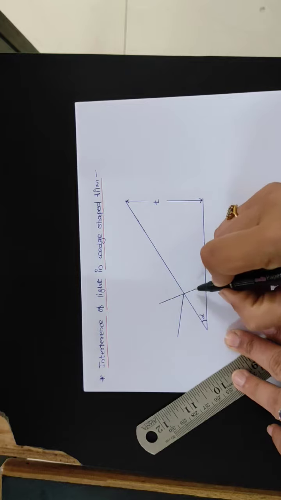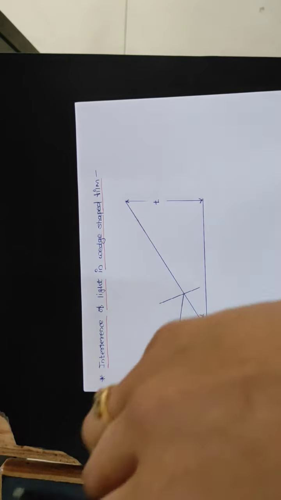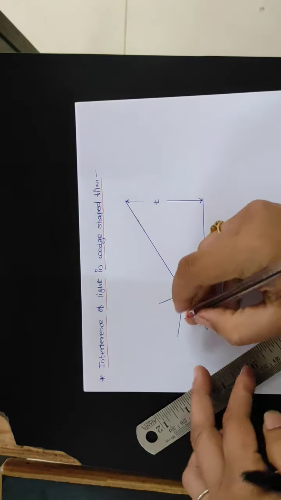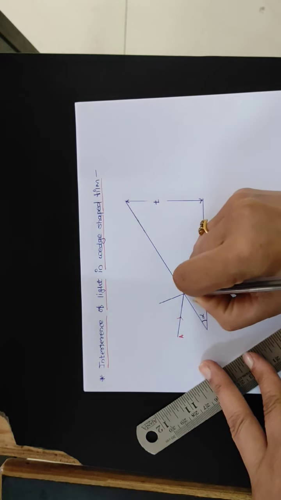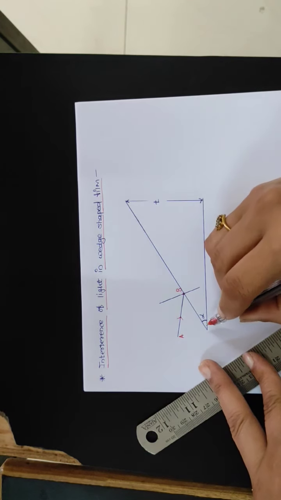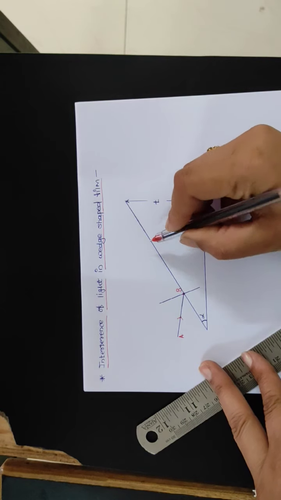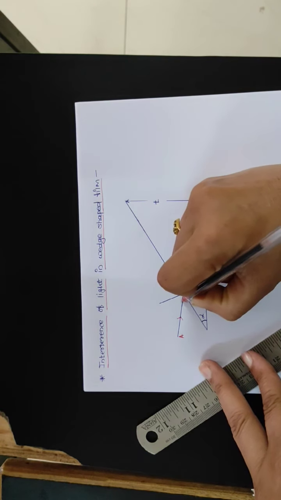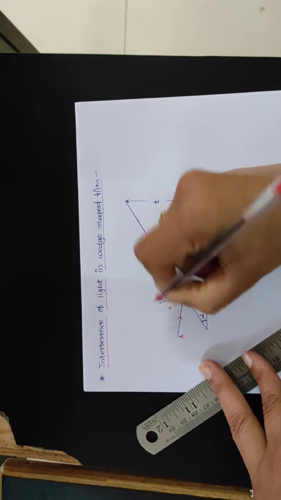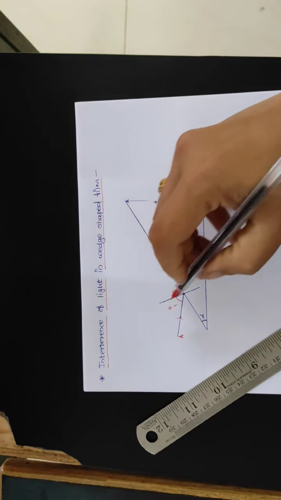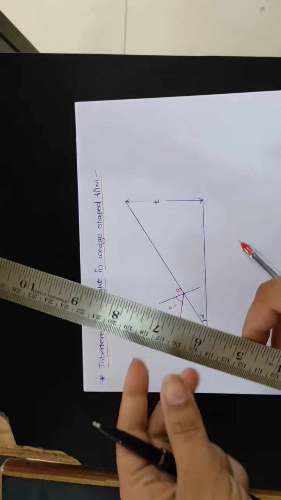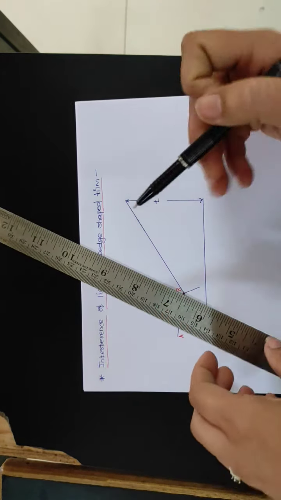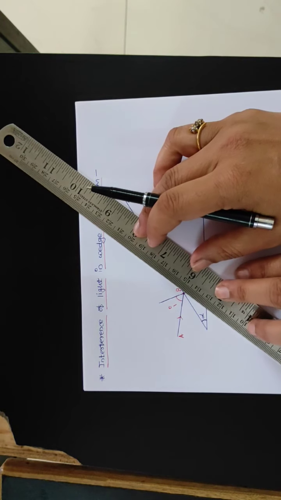This is the normal, and it makes an angle of incidence i. Now from the point B, the ray is partially reflected and partially refracted.